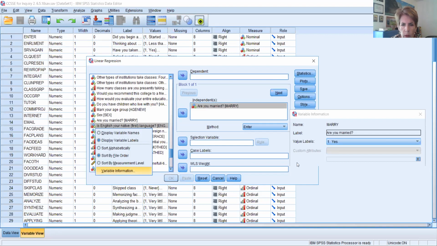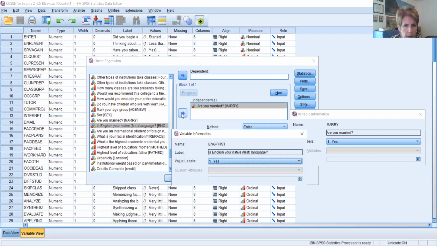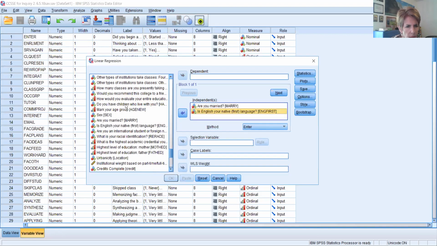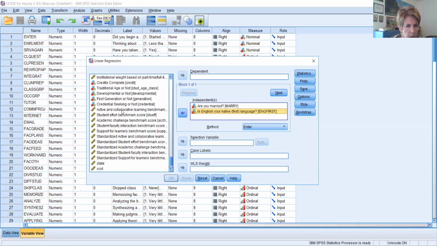Yes and no. Yep, so that's a good one. And then I know there are these scales, active and collaborative learning, and then student-faculty interaction.